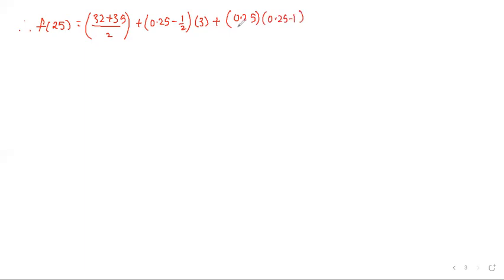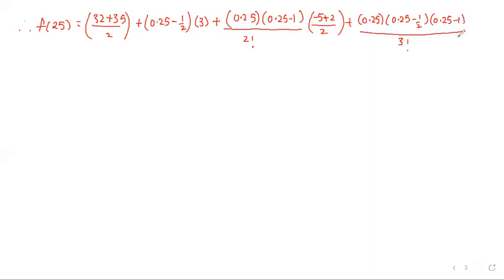Therefore, f of 25 is equal to (32 plus 35) by 2 plus (0.25 minus half) into 3 plus 0.25 into (0.25 minus 1) divided by 2 factorial into (minus 5 plus 2) divided by 2 plus 0.25 into (0.25 minus half) into (0.25 minus 1) divided by 3 factorial into 7.